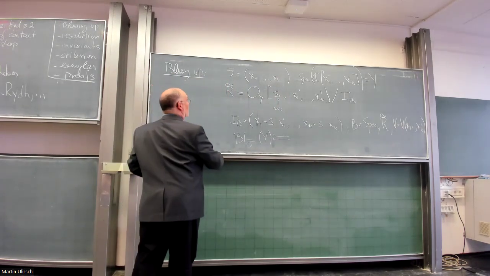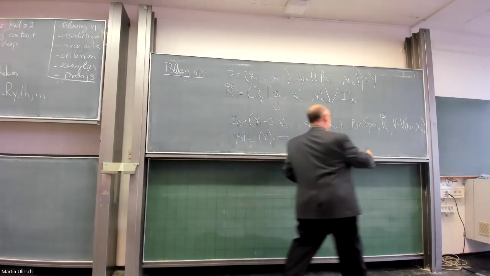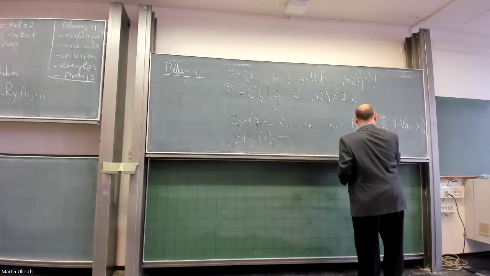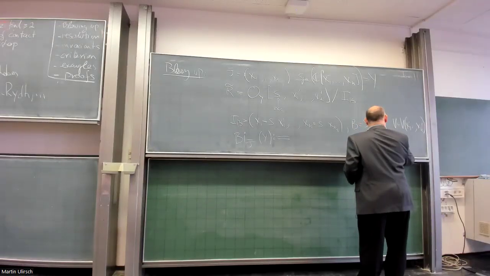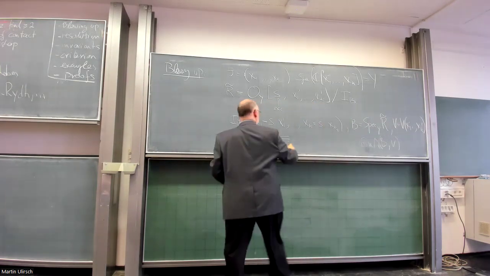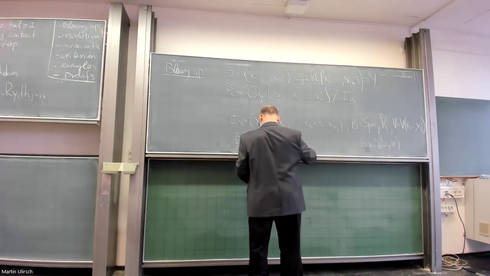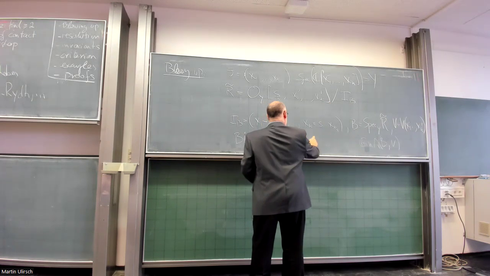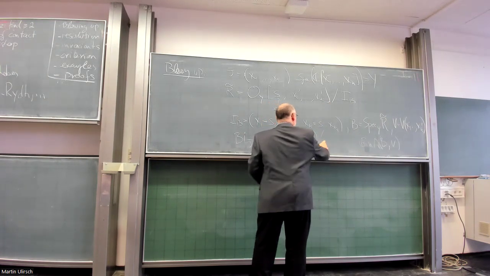So I should say Gm acts fixing V. Maybe I should specify in a minute. So the blow-up is B with V taken out modulo Gm.